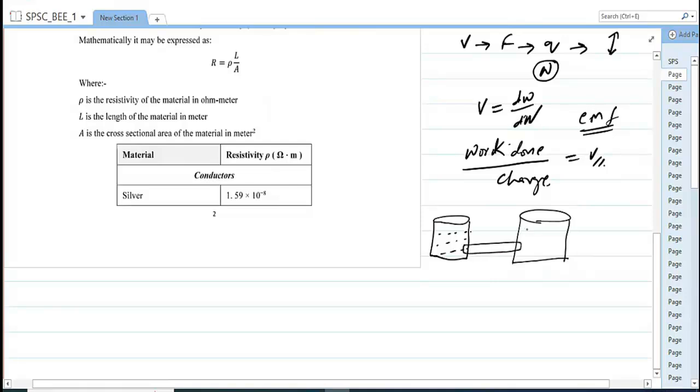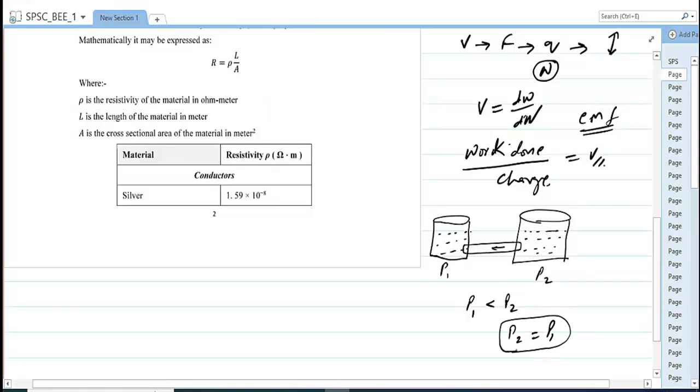Let's say the pressure inside this tank is P1, and the pressure inside this tank is P2. If P1 is less than P2, then water will start flowing from P2 to P1 until P2 is equal to P1.